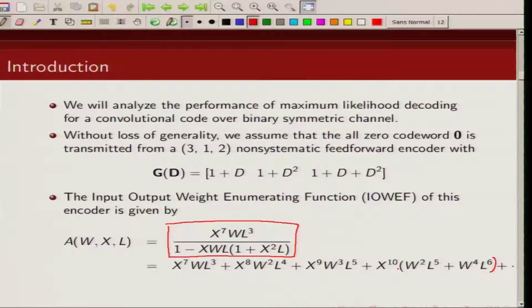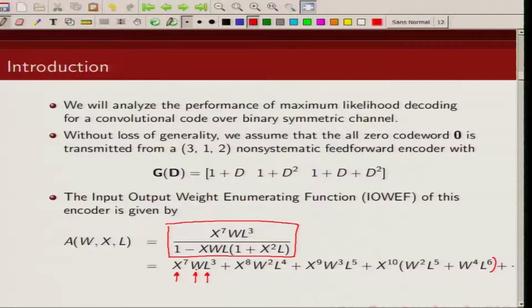Here, the exponent of x gives me the overall weight, the exponent of w gives me the information sequence weight, and the exponent of L gives me the length of this path, from the time it diverges from all 0 state to the time it remerges at all 0 state.